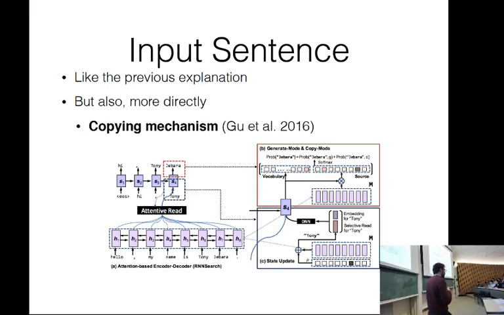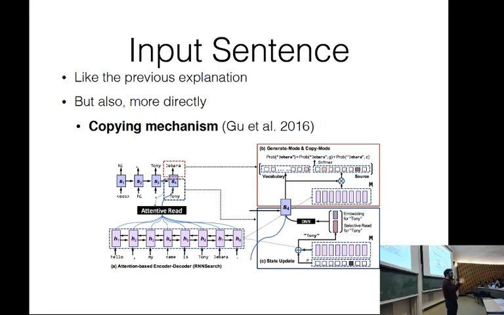Or we could have something even more direct. Cohn et al. proposed to use a copying mechanism. Let's say at some decoder step, we have the attention weights over the source. Now we could use that as if it was something like alignment, although we'll talk about it later.